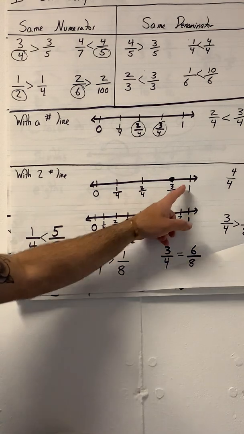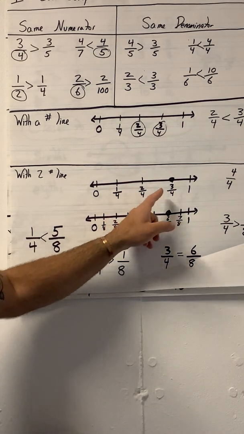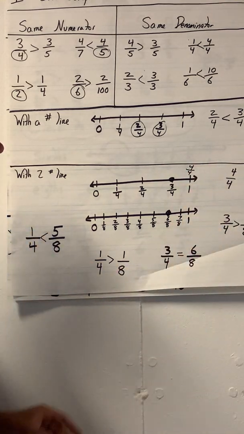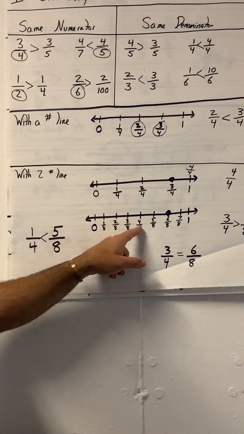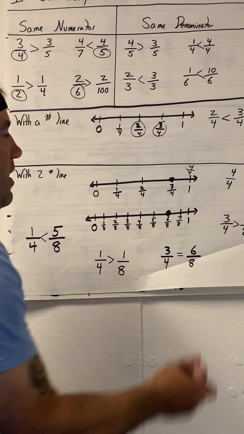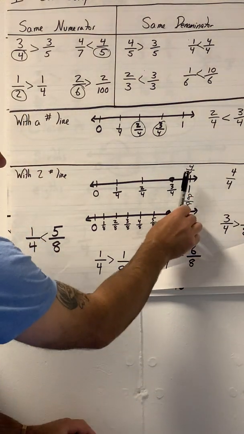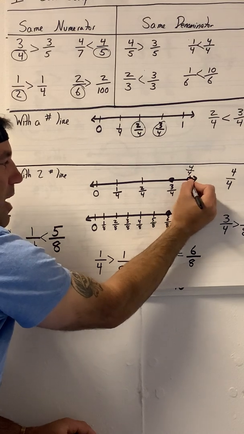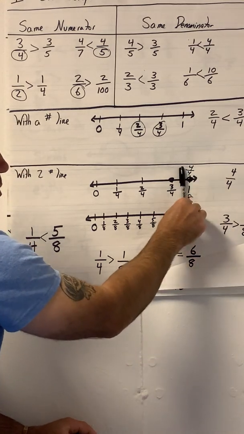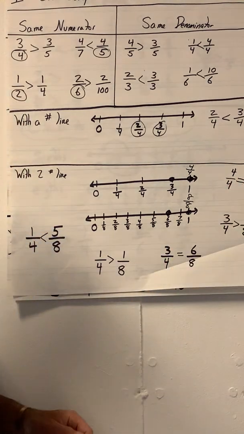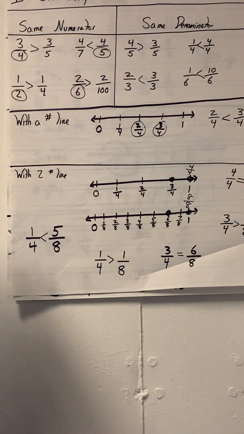Well, check it out. 4/4, 1/4, 2/4, 3/4. 4/4 would be the same as 1. 1/8, 2/8, 3/8, 4/8, 5/8, 6/8, 7/8. 8/8 would be the same as 1. So you see how they'd be the same spot on the number line because they're both 1, 4/4, 8/8. So again, they would be equal.